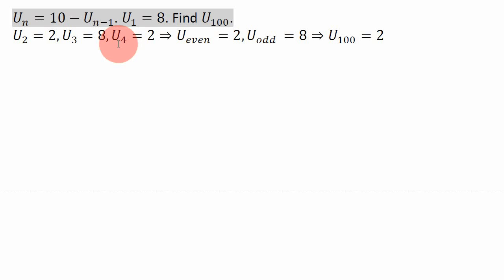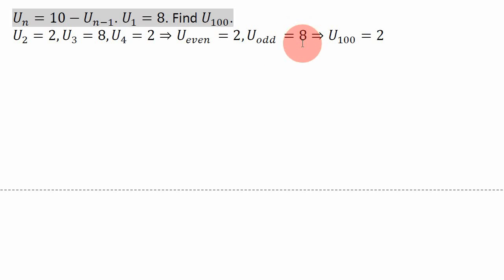It's good to be able to think for yourself. But I'll give you a little tip. You could replace this with a k. So you get 10 minus k, and then keep substituting it back using this recurrence relationship and see what happens.